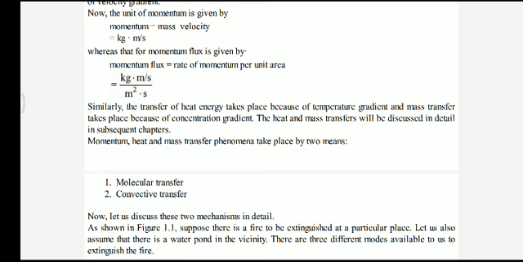Similarly, the transfer of heat takes place because of the temperature gradient, and mass transfer takes place because of the concentration gradient. The heat and mass transfer will be discussed in detail in subsequent chapters.